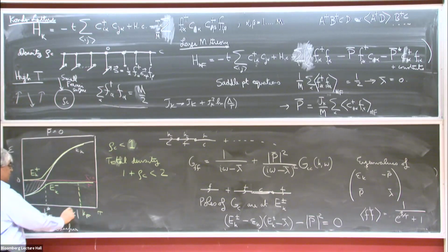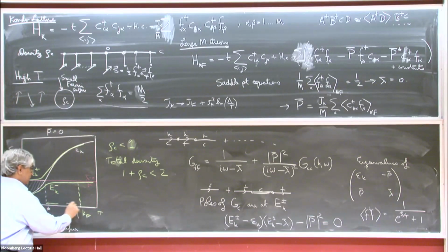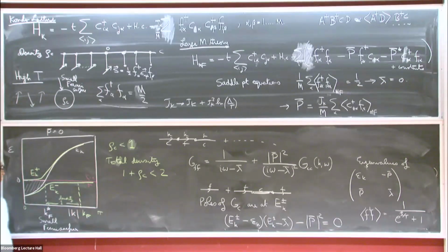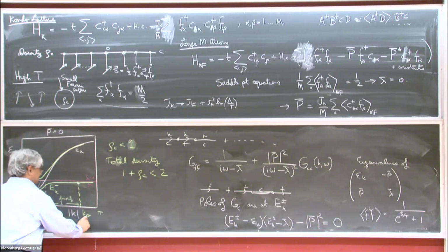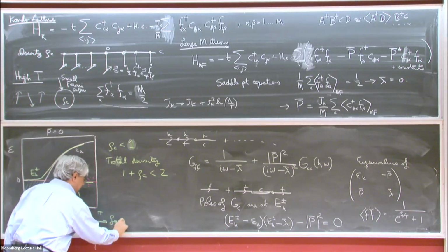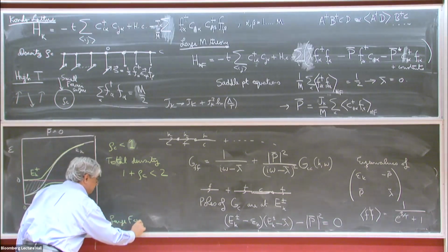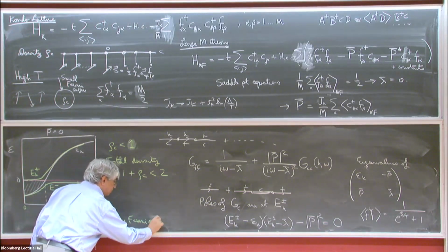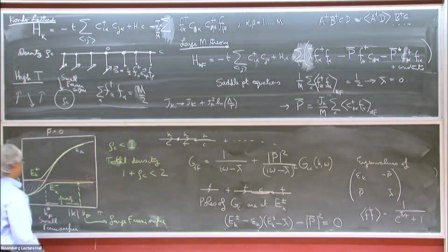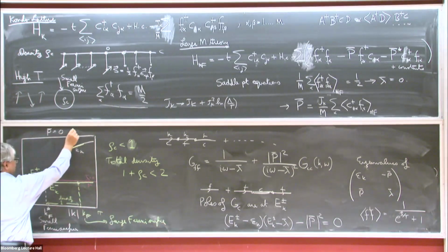And the difference between these two will be a density of 1 total, or 1/2 per spin. So KF star will move from here to there, and you get a Fermi surface out here. So this is the large Fermi surface. And this is for P bar not equal to 0.